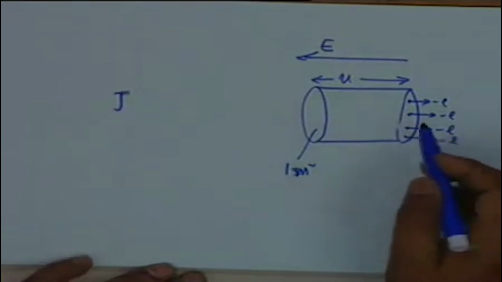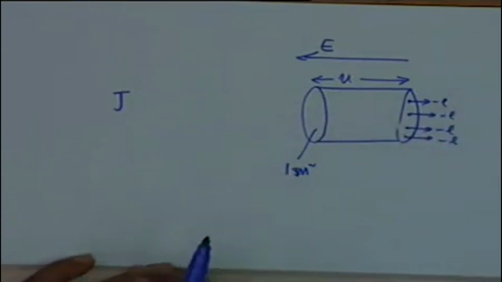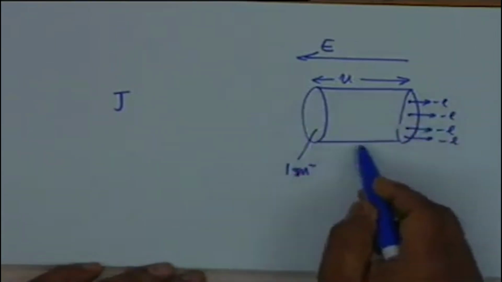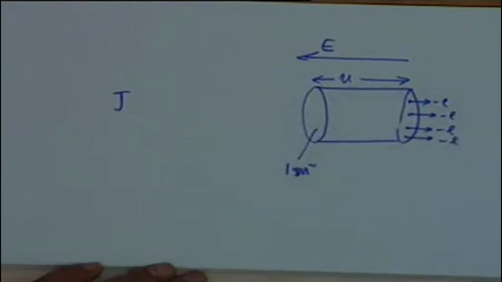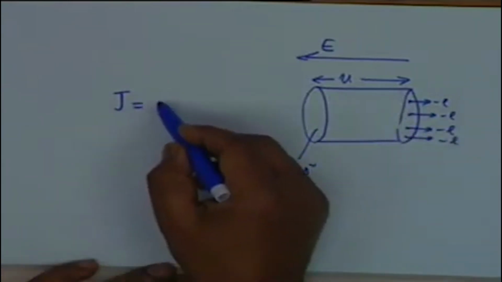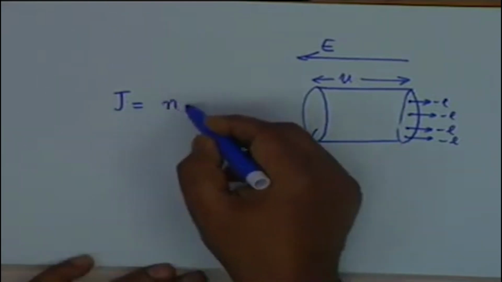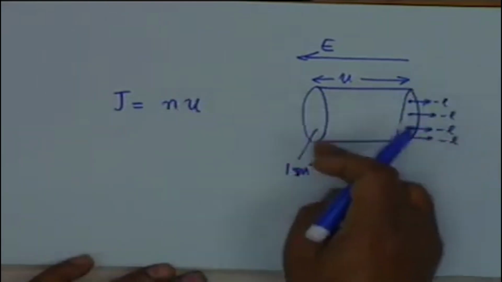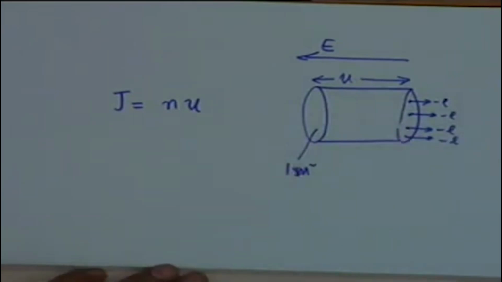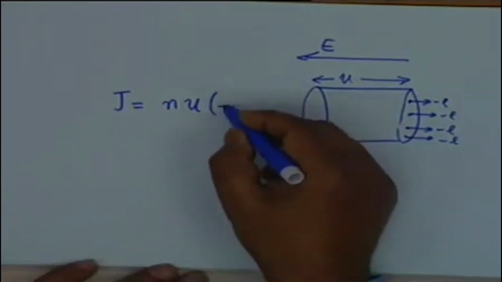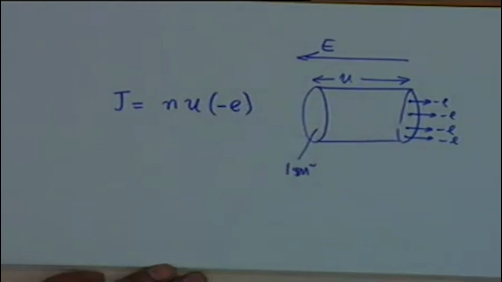Now how many electrons will cross this unit area? Obviously the number of electrons enclosed within this volume. So if the number of electrons per unit volume is n, then the number of electrons contained in this cylinder is n times u, and the charge is minus e, and therefore this will be the current density.